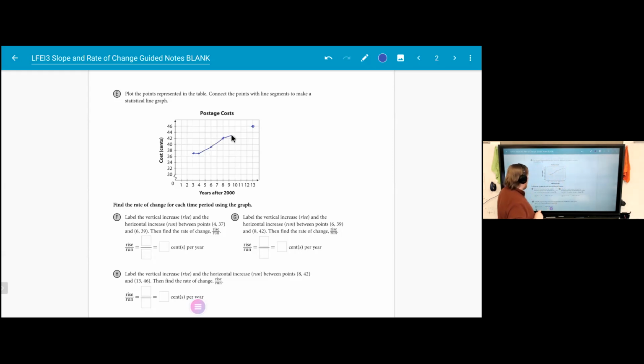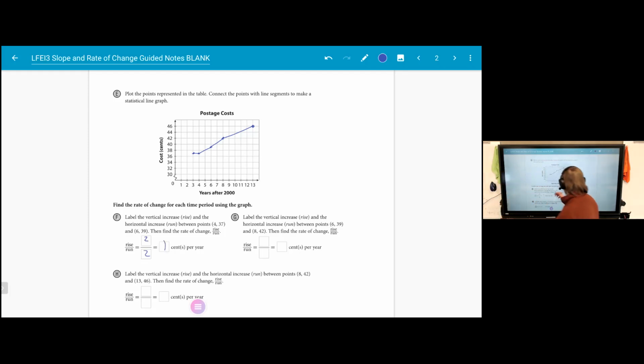Okay, we got this going on in here. It says label the vertical increase, the rise, and the horizontal. We've already kind of done this. Between years 4 and 6, it went 2 cents up over 2 years, an increase of 1 cent per year.